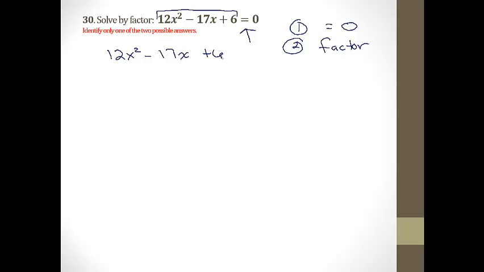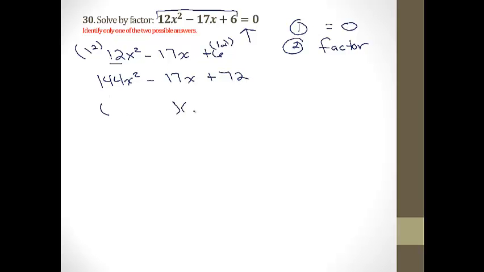And again, I think a few questions back we factored a trinomial like this by using the Colombian method. Since we have a 12 here, we're going to multiply the front and the back, first term and the last term, both by 12. So that gives me 144x squared minus 17x plus 12 times 6 is 72.